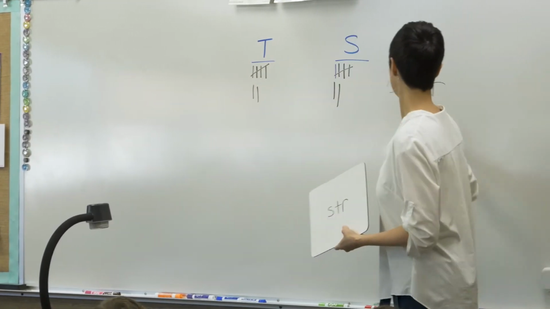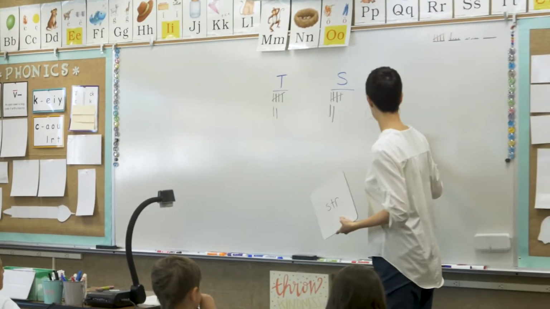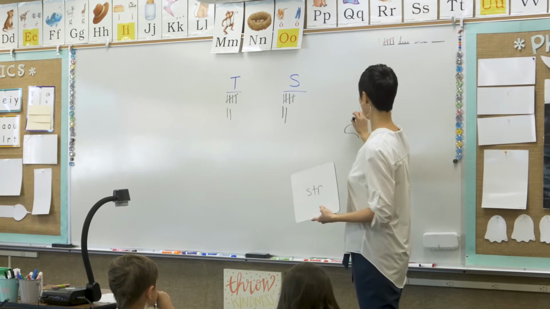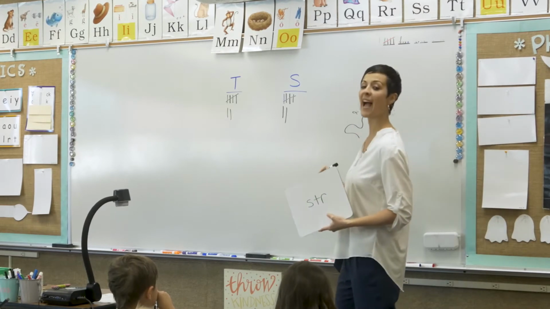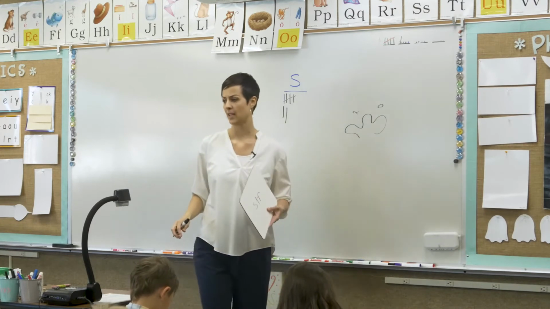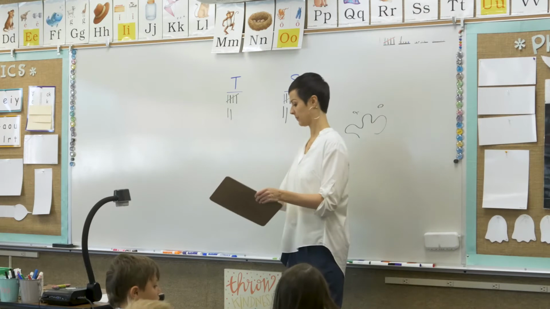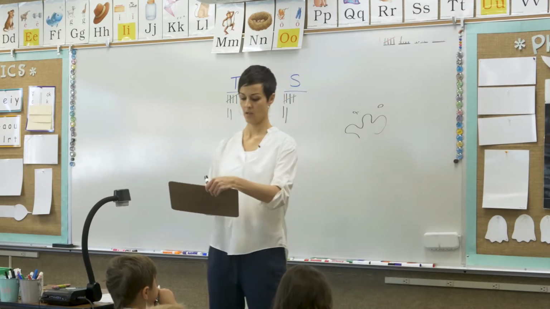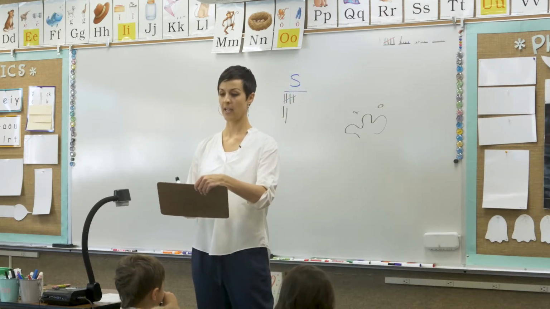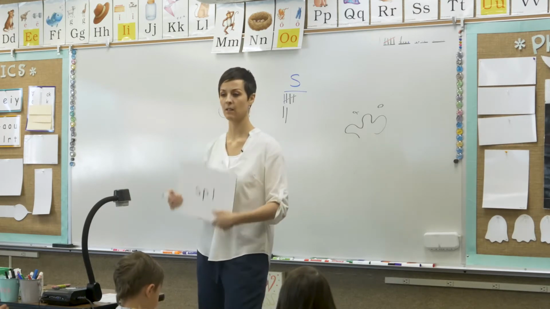Erase. Next one. Tell me what's the blend you hear, the first 3 letters, at the beginning of splash. Splash. Hey, no first stretching it. Splash. Okay, time's up. First 3 letters are S-P-L.